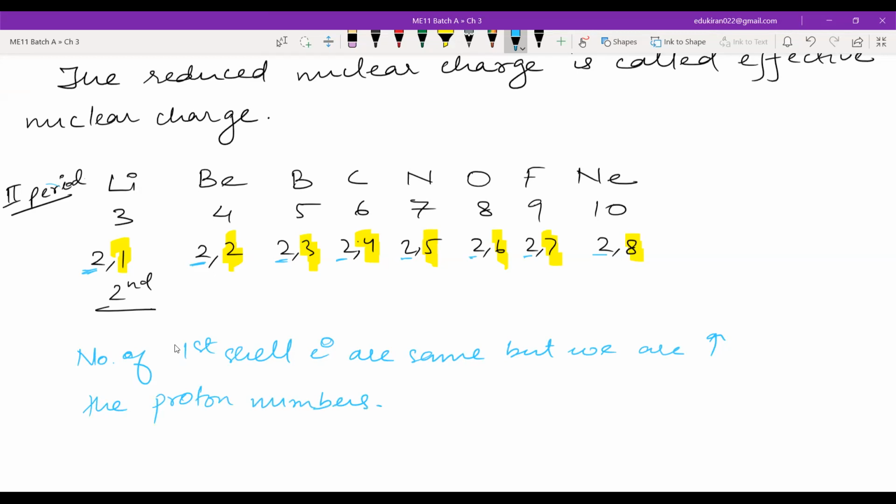Because as we go from left to right in the period, we increase the proton number. Here we have 3 protons, here we have 4, 5, 6, 7, 8, 9, 10. Correct? So what do you think? The effective nuclear charge will increase, the attraction between the valence electron and the proton will increase or decrease? What would happen?